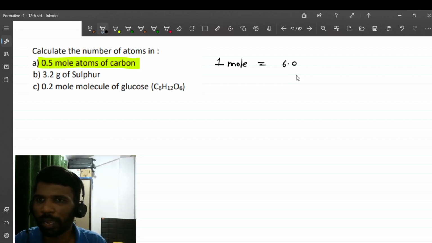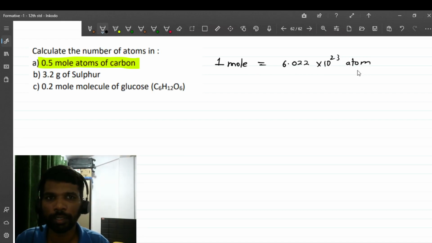It could be anything, not only carbon, it could be nitrogen. 1 mole of H2O is 6.023 into 10 raised to 23 molecules of H2O, right? So 1 mole is equal to 6.022 into 10 raised to power 23 atoms. This is a standard relation.